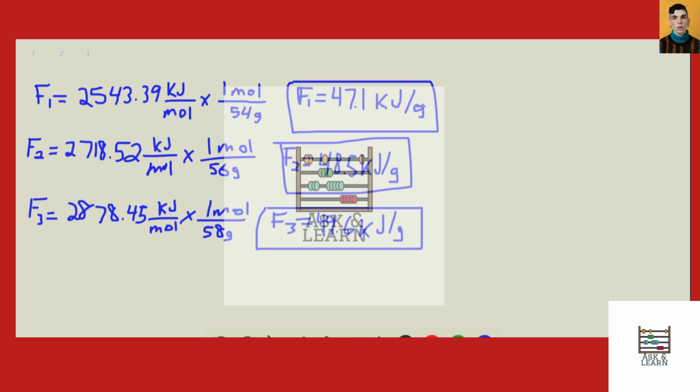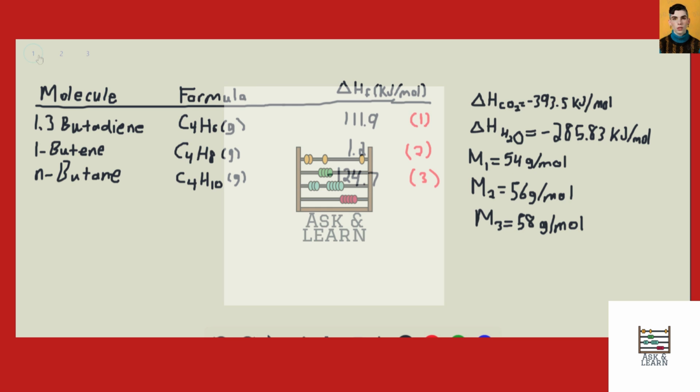Now they want the percentage of hydrogen by mass for each hydrocarbon. We can do that pretty easily. We divide the mass of the hydrogen by the mass of the entire formula.